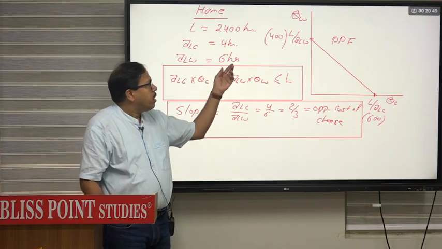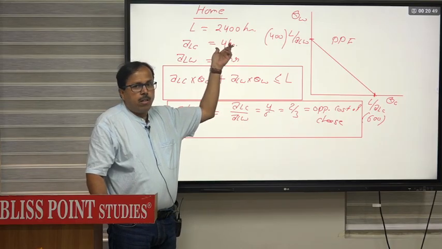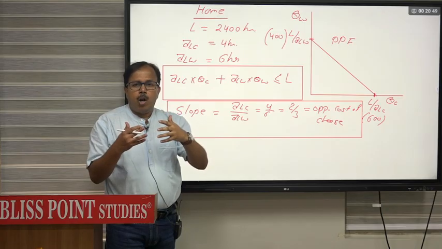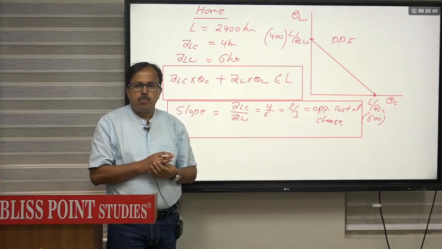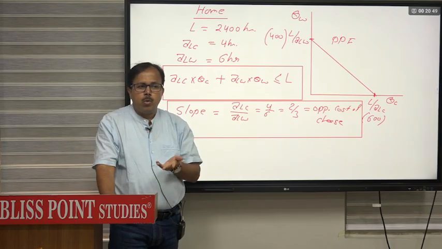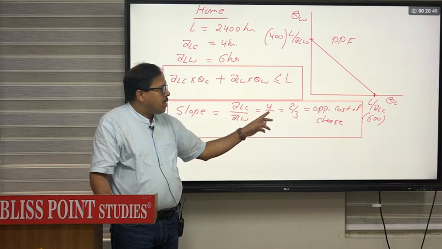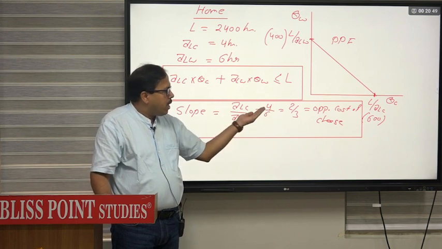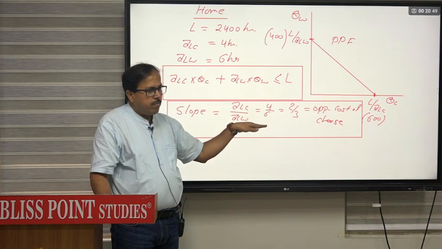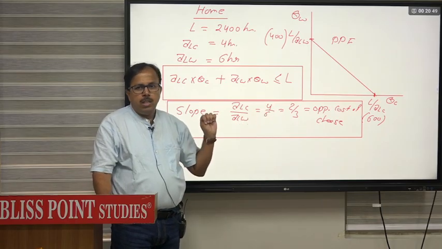Numerical number easy है. 1 यूनिट चीज प्रोड्यूस करने के लिए हाउ मच टाइम इट टेक्स? तो जस्ट यू हैव टू थिंक इन 4 hours हाउ मेनी क्वांटिटी ऑफ वाइन कैन बी प्रोड्यूस्ड. To produce 1 unit of wine, it takes 6 hours. So in 4 hours, you can produce only 2/3. So opportunity cost of cheese is 2/3. If you take inverse of it, that will calculate opportunity cost for wine हो जाएगा.